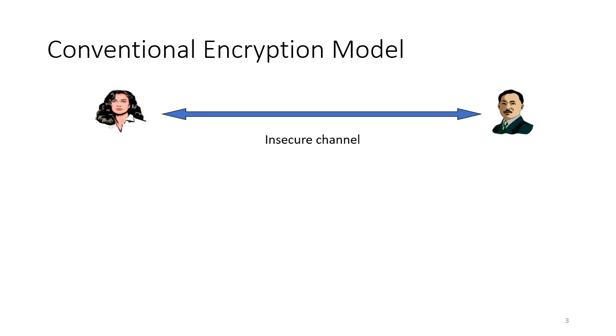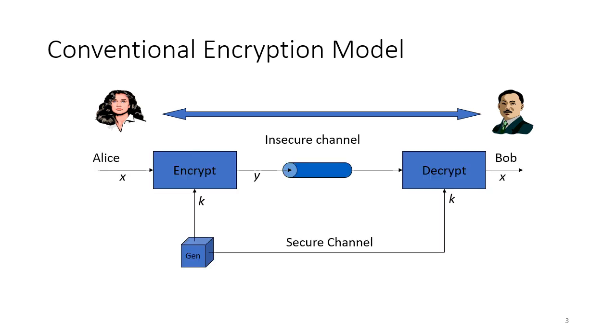This is the conventional encryption model, which deals with the confidentiality of information or data. So we have two communicating parties. We will call them Alice and Bob, and they are communicating over a channel that is not very secure. And what Alice does is she has a piece of data, which is broken up into pieces, blocks, if you want to call them, and each block is represented by this variable x, which is called the plain text.